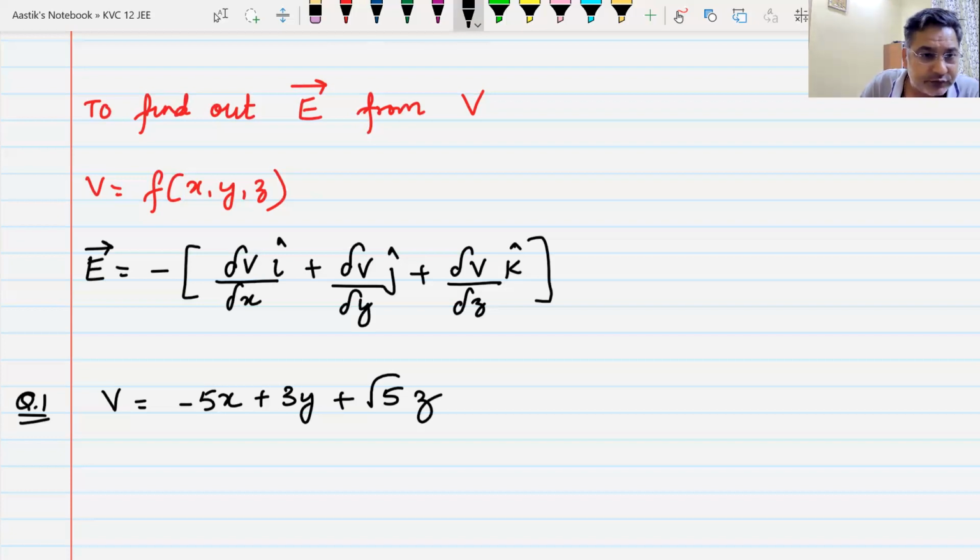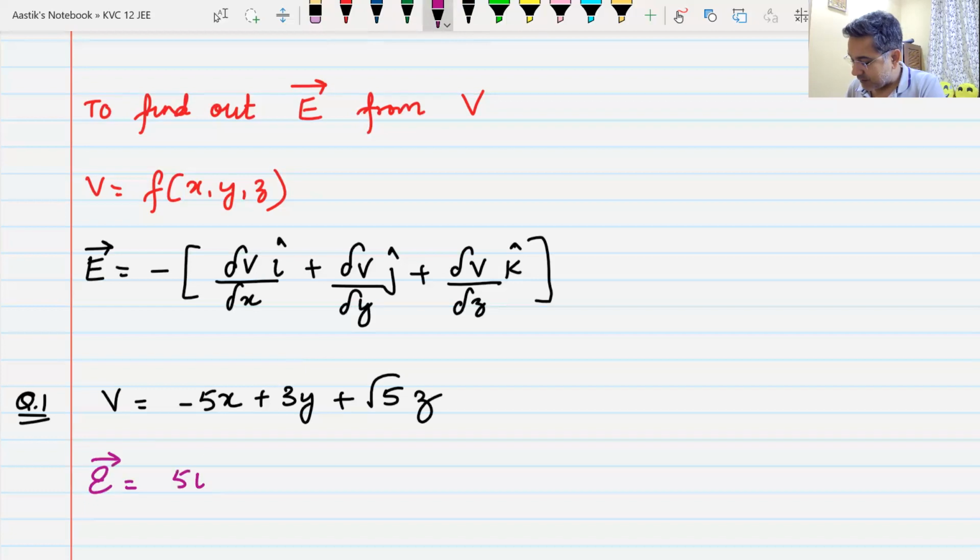Any answer appearing from anywhere? 5i cap minus 3j cap minus root 5k cap. Yes, that is absolutely correct. We just find the partial derivative and electric field will become 5i minus 3j minus root 5k. Everyone understands this? Yes or no? Pakka?